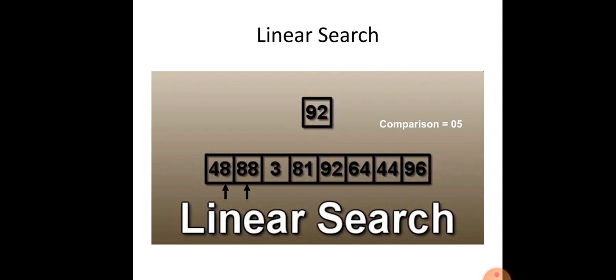That is a[2]. a[2] contains the value 3, and 3 doesn't match 92.